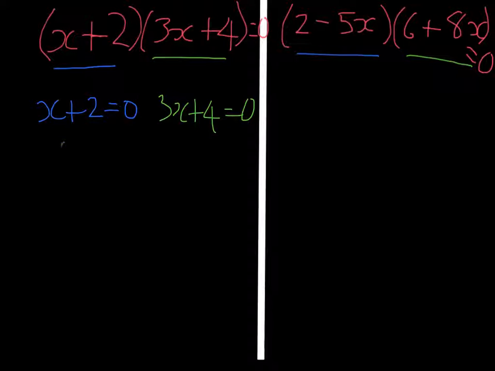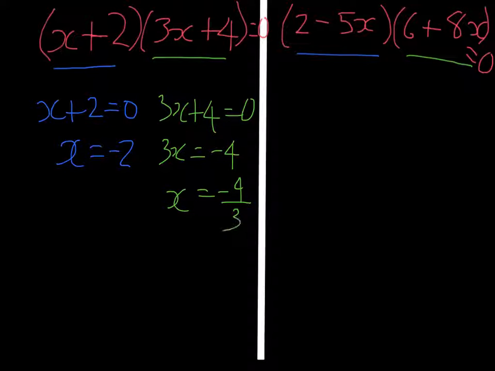In this case, x is equal to -2 because we subtract 2 from both sides. And if we solve this side of the equation, 3x is going to be equal to -4, which means x is going to be equal to -4/3. So those are our solutions.